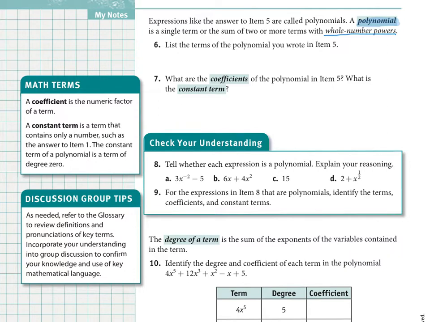So it says, list the terms of the polynomial that we wrote in item number 5. Let's write them down separately: we had 16, we had 4x, and we had 5x squared.